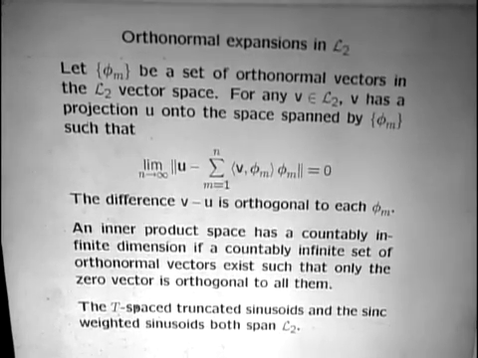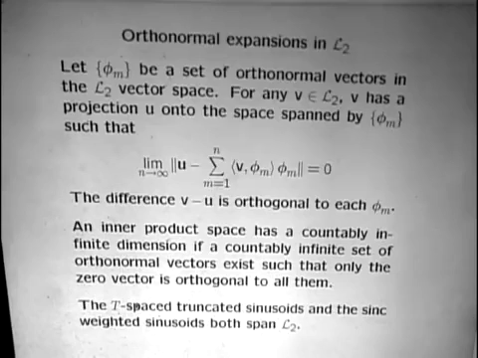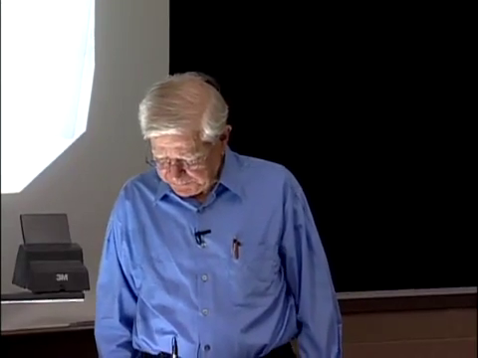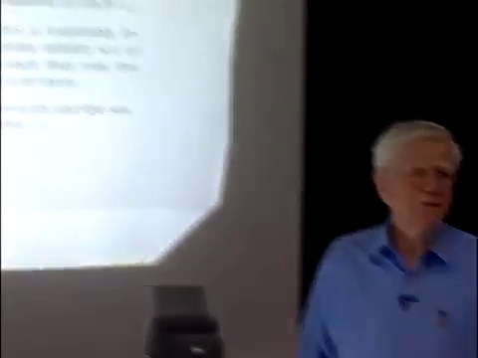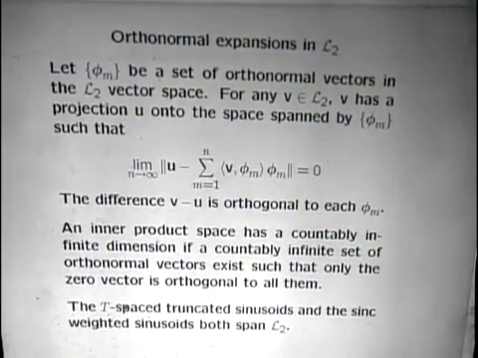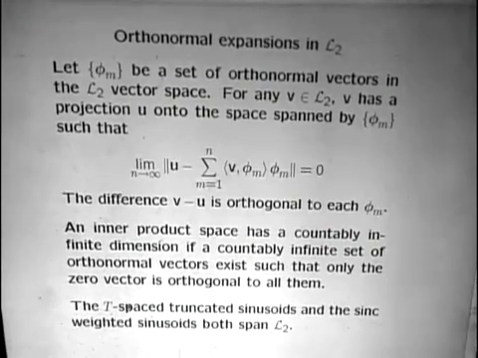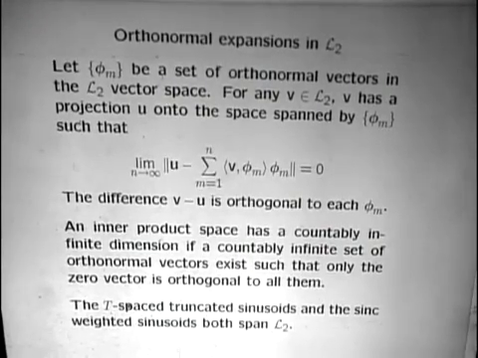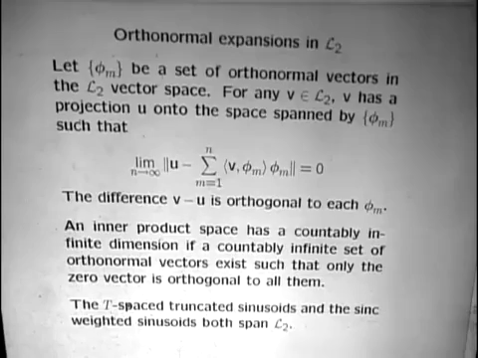For the most part, you can just ignore the question of being in an infinite dimensional space, and everything is pretty much the same as it is in finite dimensions, but there are a few things you have to be a little careful about. So let's suppose that we have a set of orthonormal vectors, like the sinc functions that we were using to talk about the Fourier series.